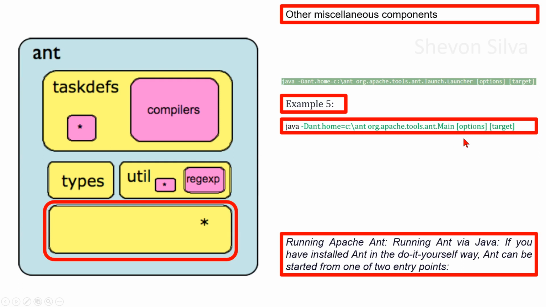At the minimum, the classpath should include ant.jar and ant-launcher.jar, jars/classes for your XML parser, and the JDK's required jar/zip files.